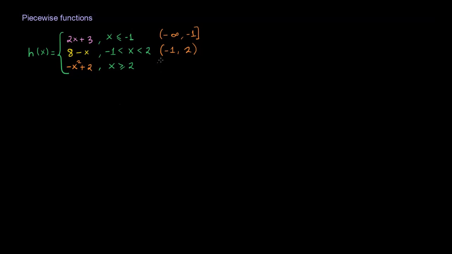We exclude the -1 and the 2 by using parentheses because it's a less than symbol. And the last one would be from 2 to positive infinity. These are just equivalences. I just want to tell you this other way to write it.